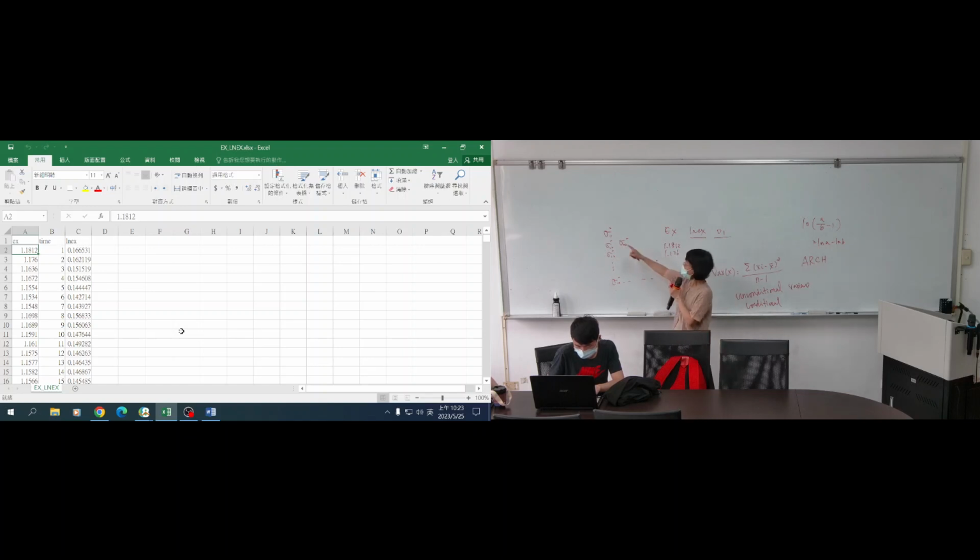Heteroscedasticity is talking about the diagonal parts. The autocorrelation is something like the off-diagonal parts. But autocorrelation can also happen in this area if it is heteroscedasticity.